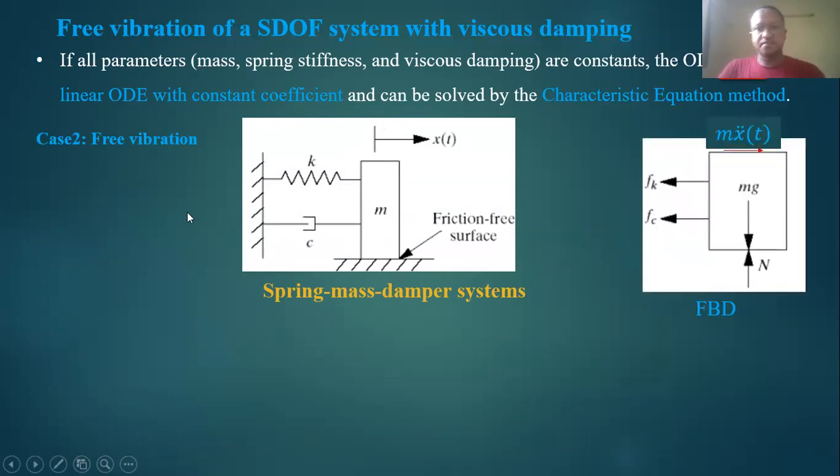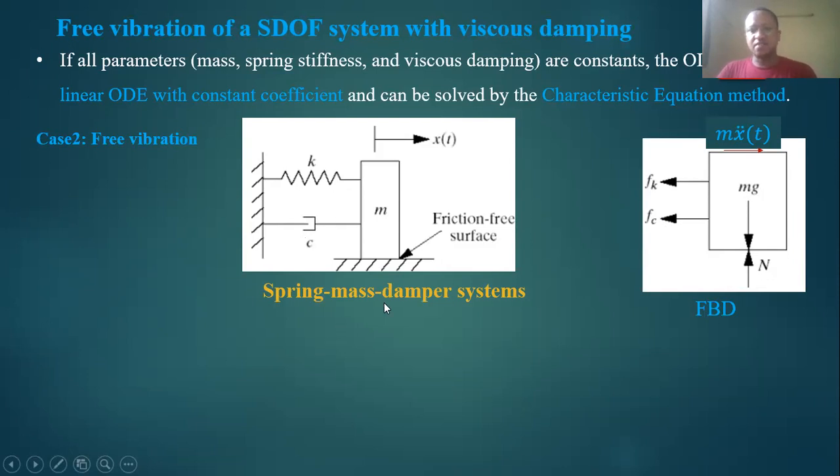Then we can develop a free body diagram for this system: force due to spring constant K, and force due to the damper or dashpot Fc. Again, the mass is sliding over a frictionless surface, so there is no contribution of friction to the normal force, and mass times acceleration is in this direction.